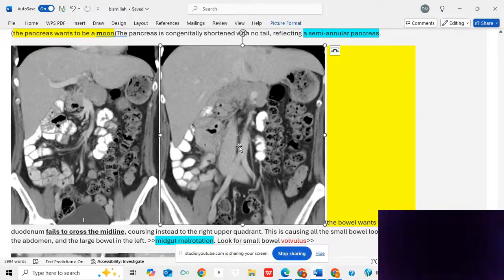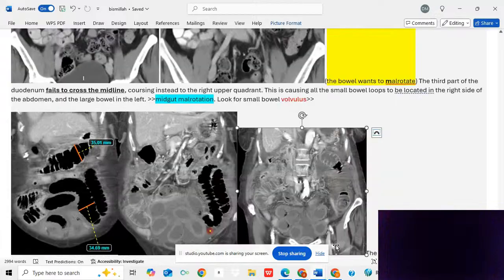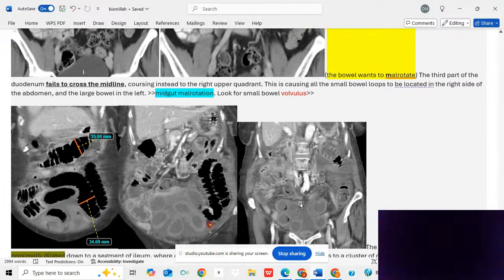Okay, I don't know how to check for small bowel volvulus. I will show you a sign that you won't forget. This sign is the volvulus sign. It's the double beak sign. Don't forget this sign. Double beak sign. Okay.